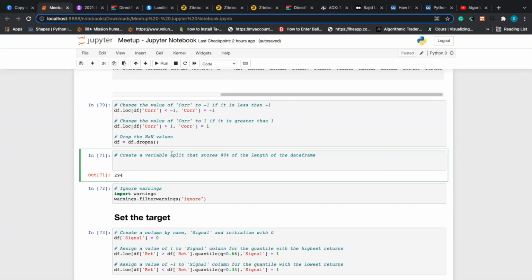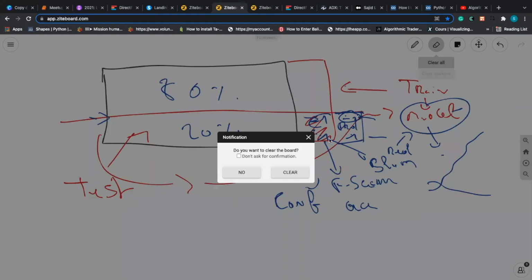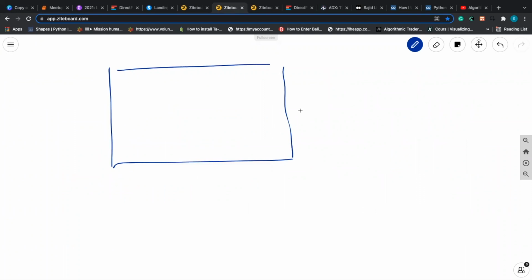Okay, just before we end this session, we are going to talk about how, if you want to implement AI in algorithmic trading, you should split your data. Here we are going to take 80% to 20%, but if you have a bigger data set, say with 10,000 values, I'm not taking that here, because I'm on a day trading perspective, which means the goal is to run the algorithm in 20 seconds max.